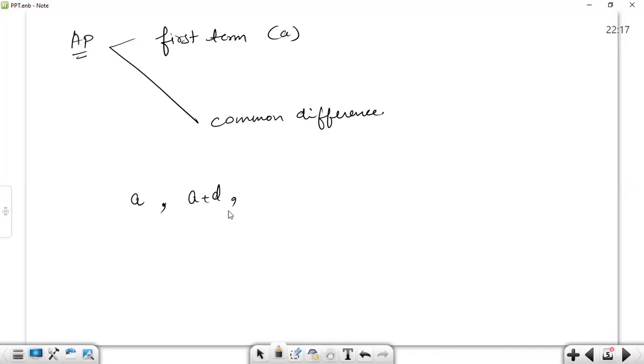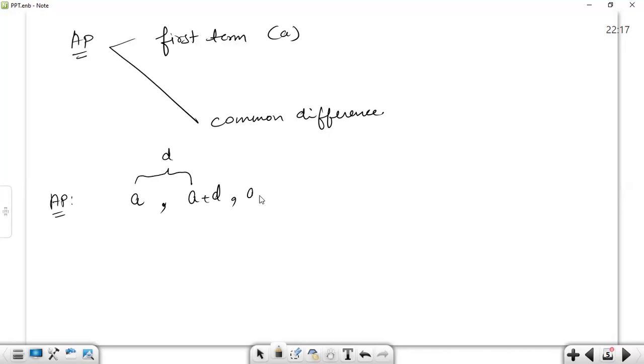A plus the common difference. And now the difference between these two terms is what? Is it D, sir? Yes, it is D. A plus D minus A becomes D.